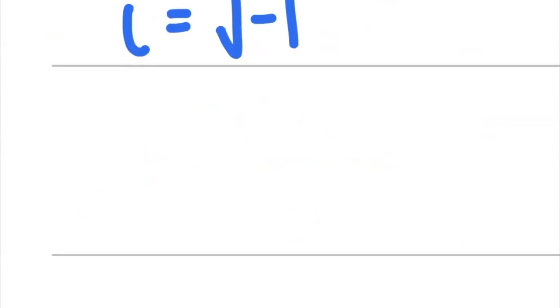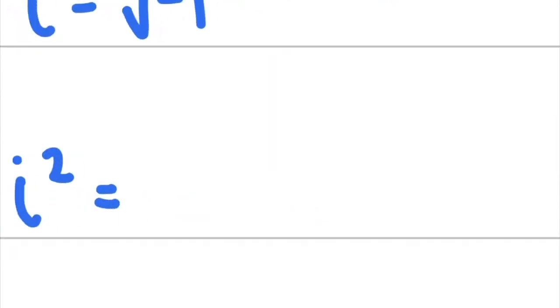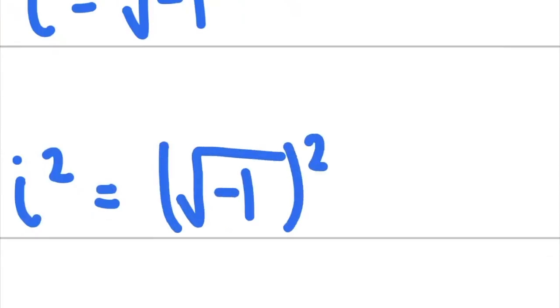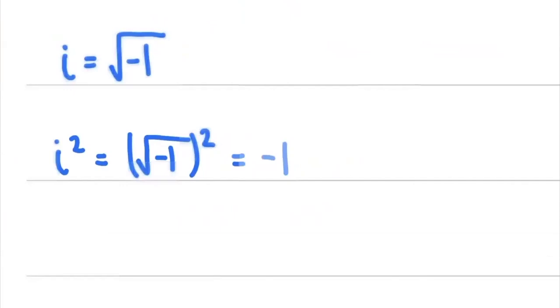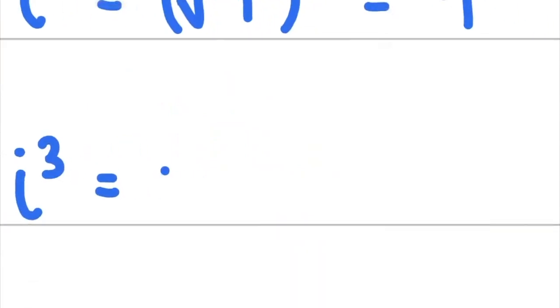And i squared is just the square root of negative 1 squared. So the square and square root cancel out, and you're just going to get negative 1, which is a real number. And i cubed is i squared times i to the power of 1.